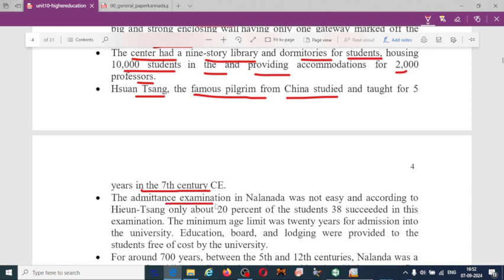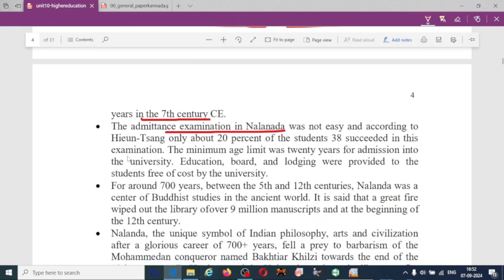The admittance examination in Nalanda was not easy. According to Huen Tsang, only about 20% of the students succeeded in this examination. The minimum age limit was 20 years for admission into the university. The education, board and lodging were provided to students free of cost by the university.